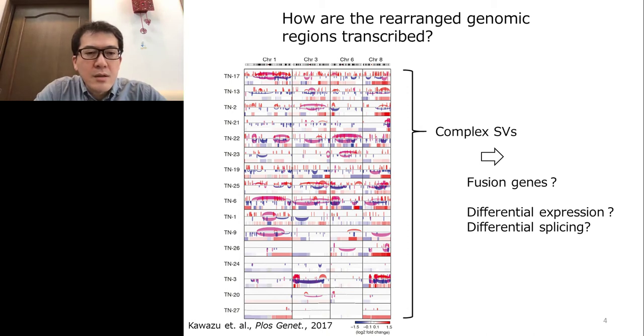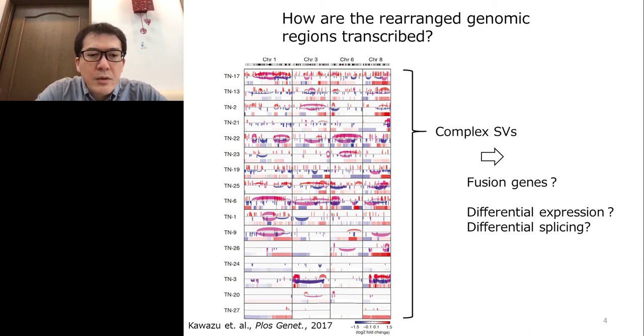As shown in this slide, SVs in the representative chromosome in TNBCs are shown by colored arches. And as you can see, the chromosome of TNBCs are heavily affected by various SVs. So what is the consequence of these various SVs?